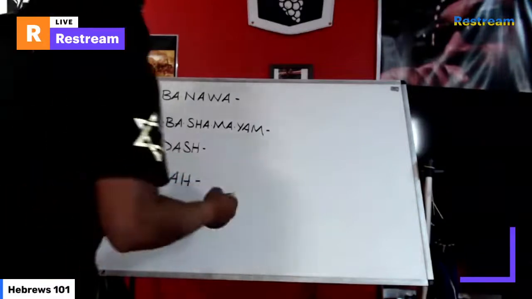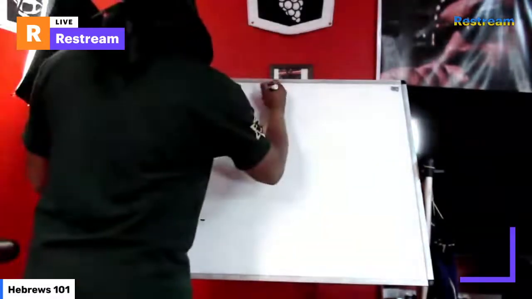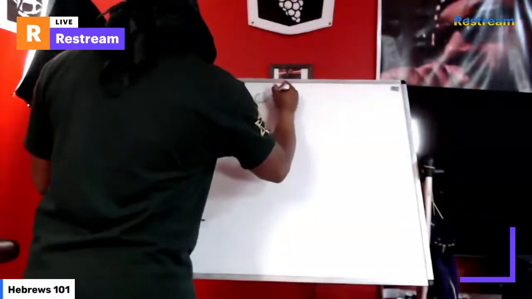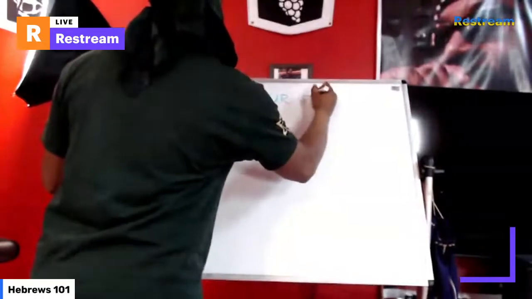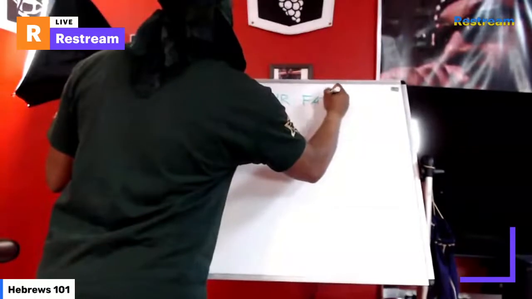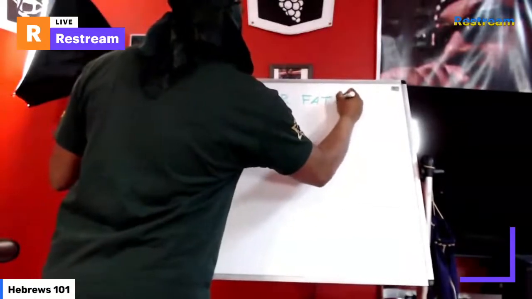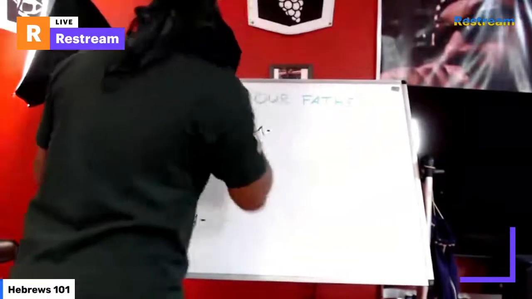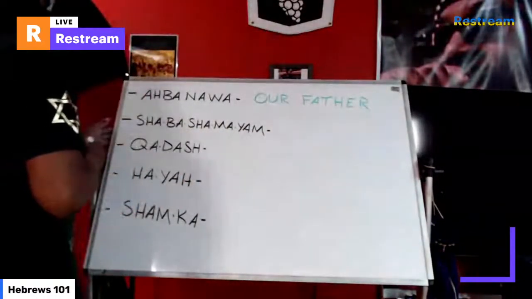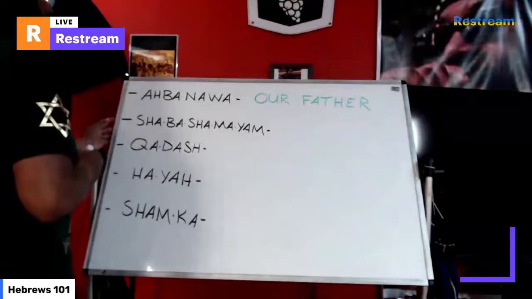Abanawa is going to mean our Father. I'm going to try to have this color coordinated so people can see and differentiate what we are writing. So, Abanawa, our Father.